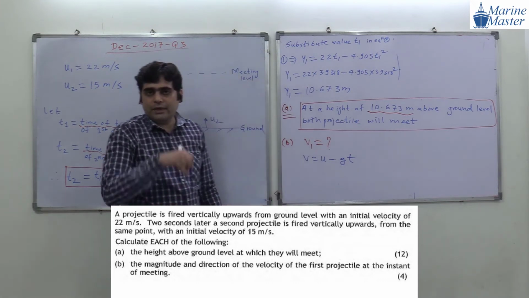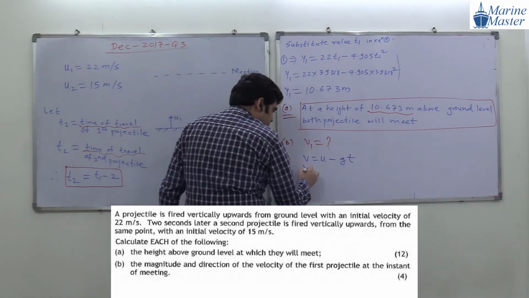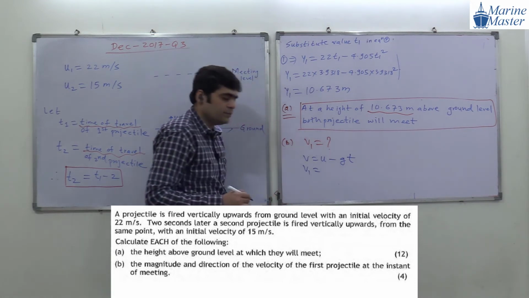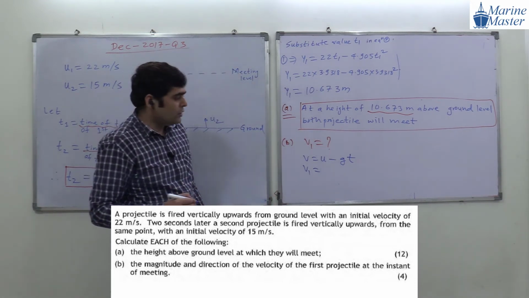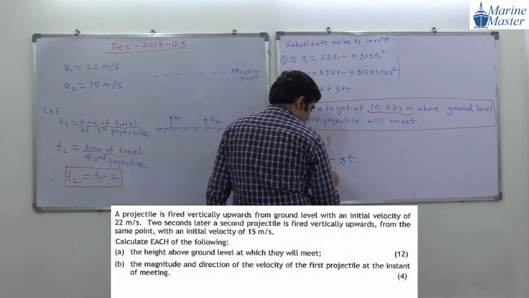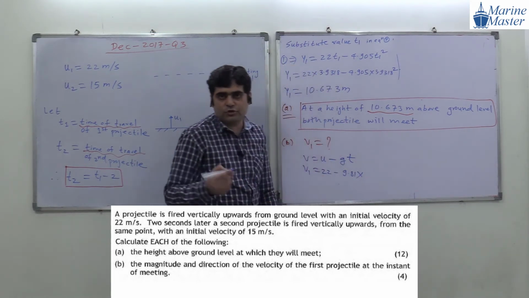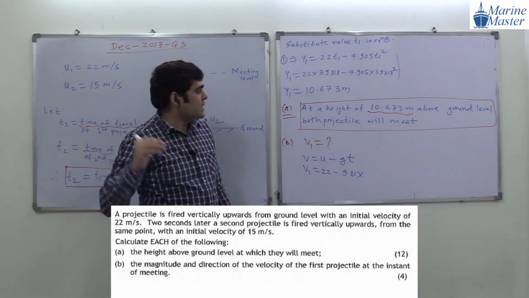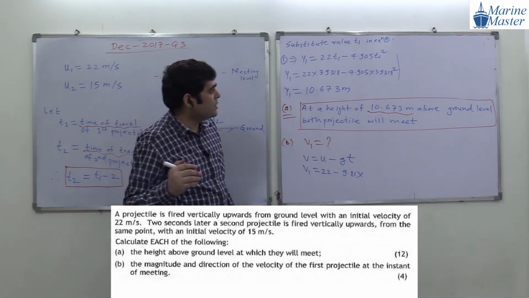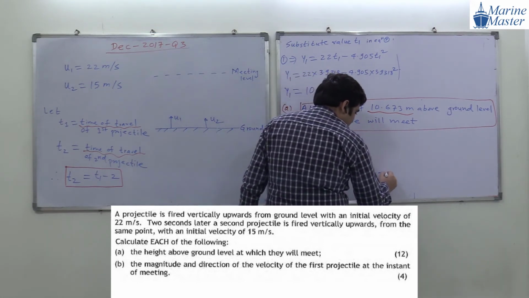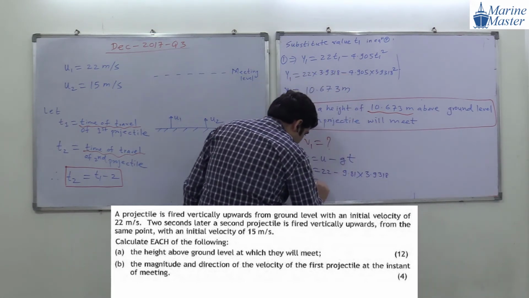So V1 will be equal to the initial velocity 22, minus 9.81 times the time of travel of the first projectile at the instant of meeting, which is 3.9318.